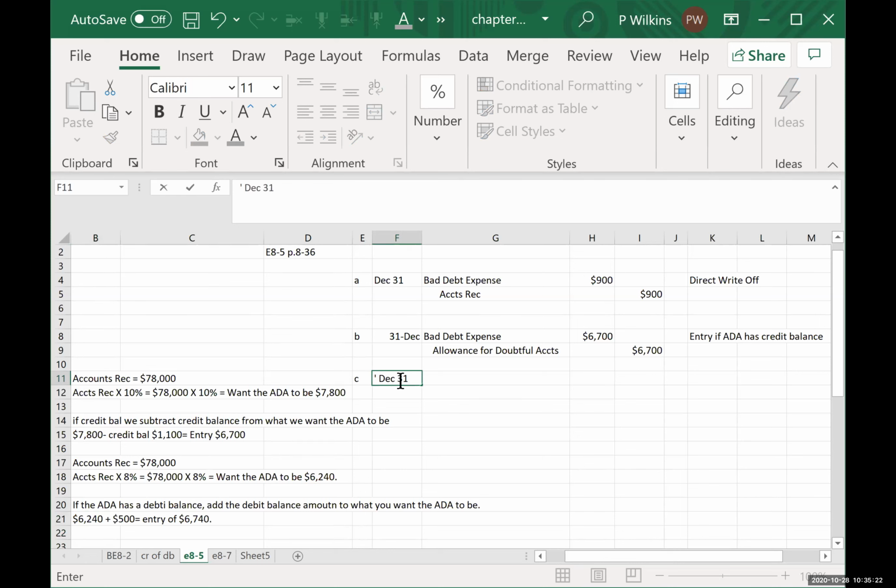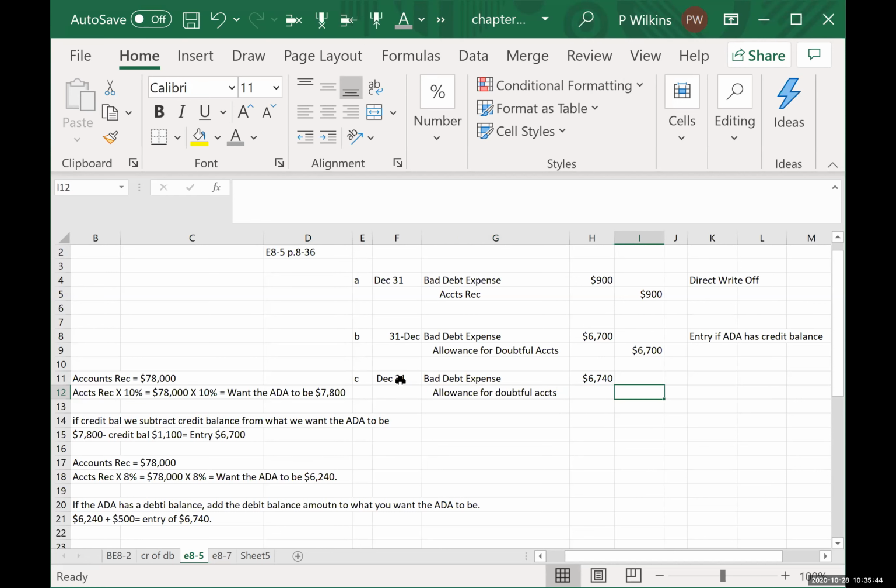Okay, so December 31, we're going to debit bad debt expense, $6,740. And we're going to credit allowance for doubtful accounts, $6,740.